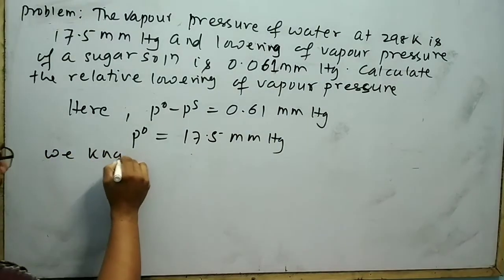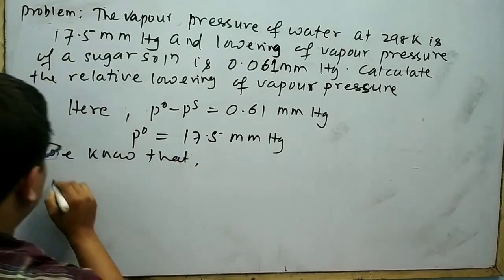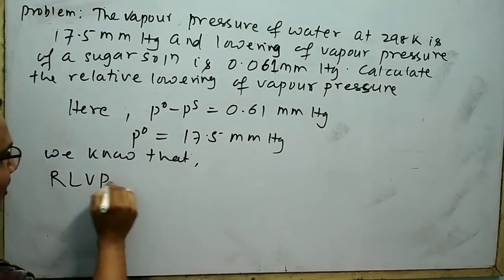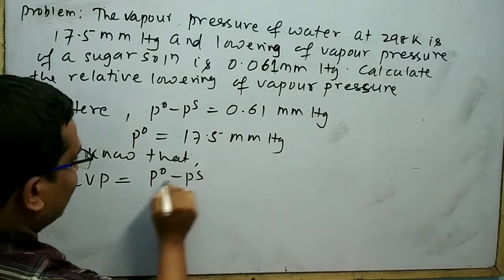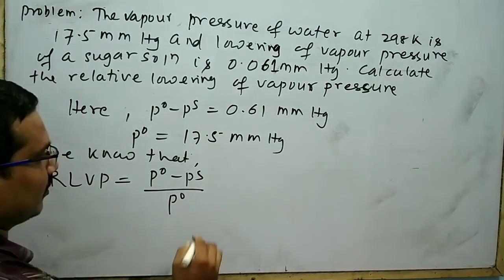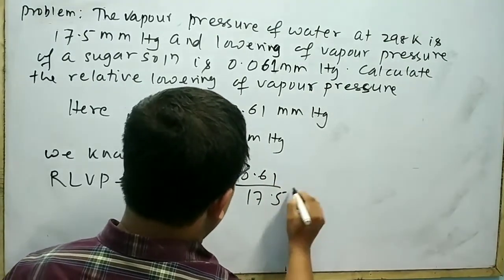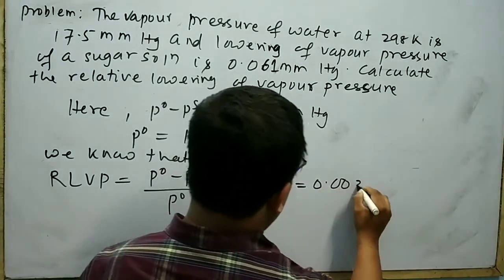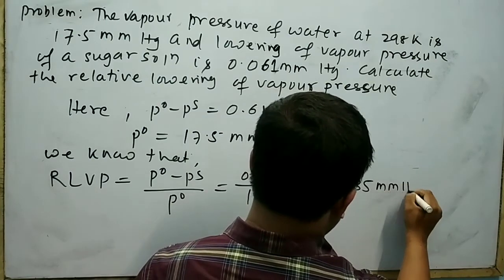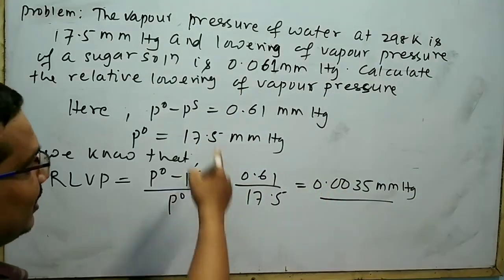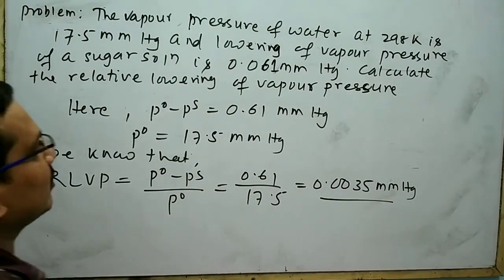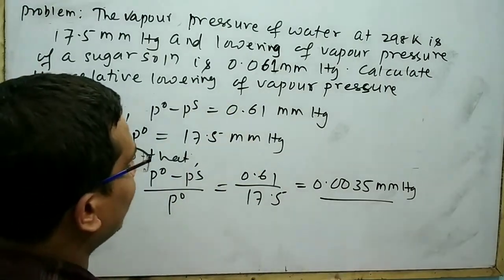We know that relative lowering vapor pressure equals (P0 minus Ps) divided by P0. That means I can write 0.61 divided by 17.5 equals 0.0035 mm Hg. This is your answer. In this question, you aim to find out the relative lowering of vapor pressure.